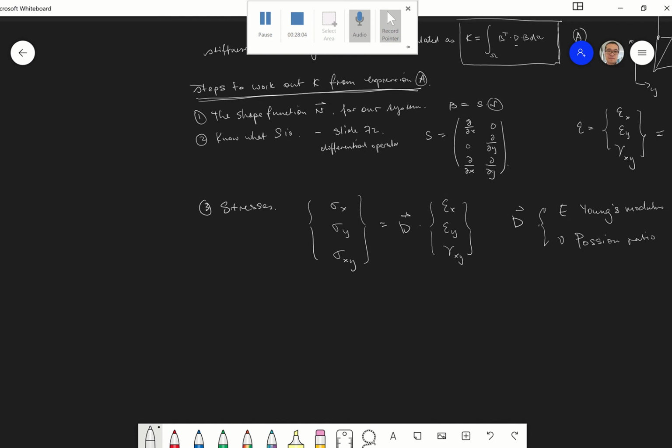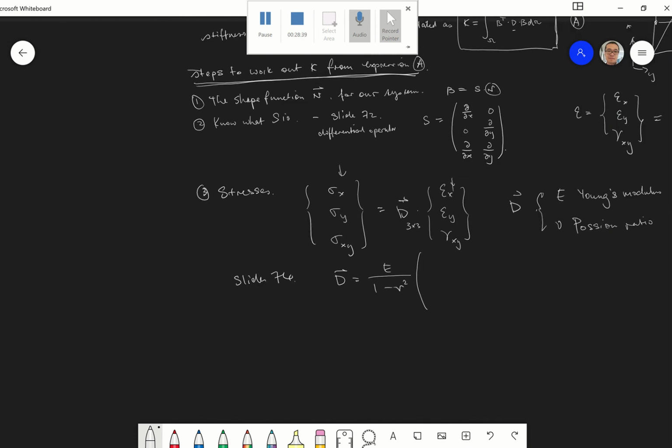And as shown in slide 74, this D matrix is given by E over 1 minus V squared. And remember, D must be a 3 by 3 matrix because it links a 1 by 3 column vector to a 1 by 3 column vector.